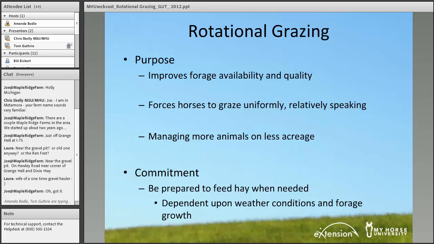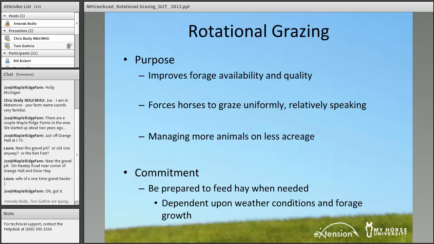Horses are notorious overgrazers, or selective grazers as we like to refer to them, where they have a preference for a specific plant and they may choose to specifically graze in that spot where that plant is. And then finally, managing more animals on less acreage. This could be as little as less than a half an acre, depending on how intensely you manage the pasture.